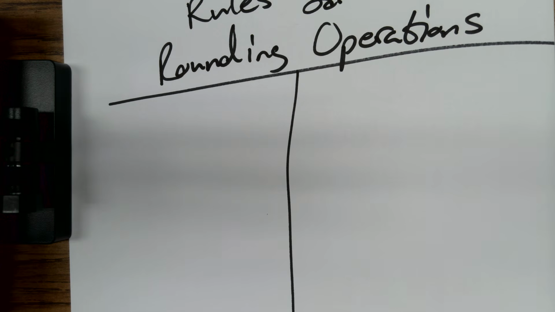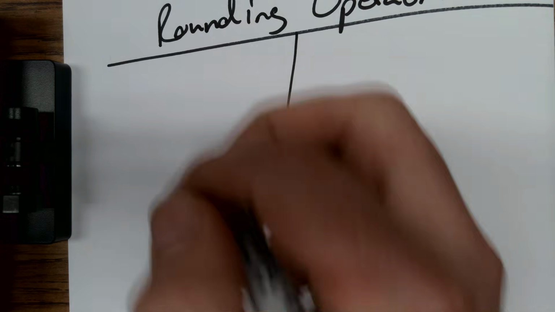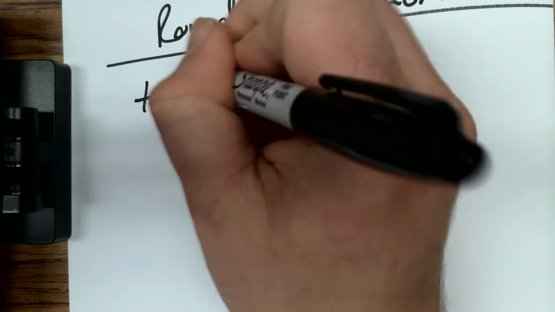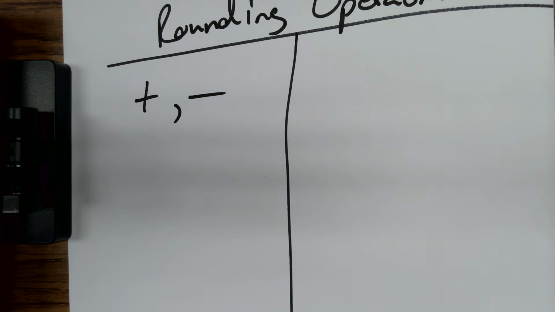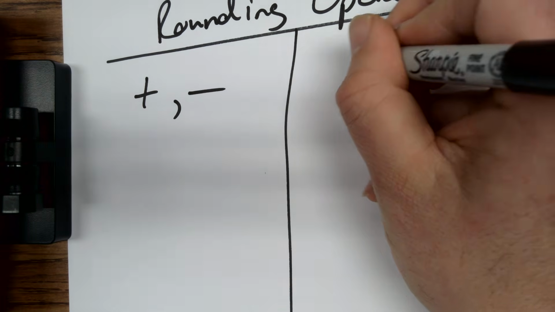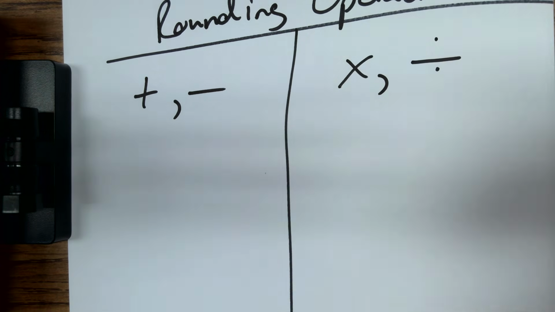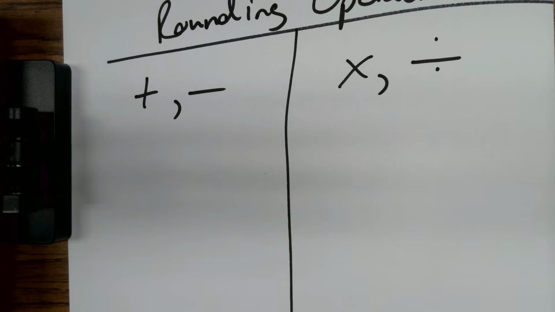We think of the rules with plus and minus, so addition and subtraction, and multiplication and division are going to share rules with each other. Now, to make things easier, the one that we're going to do the most of, multiplication and division, has the easiest of the rules.